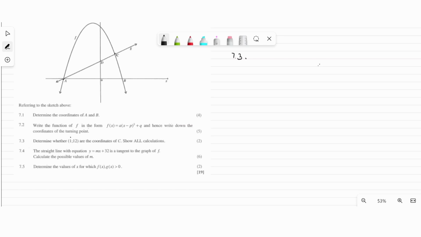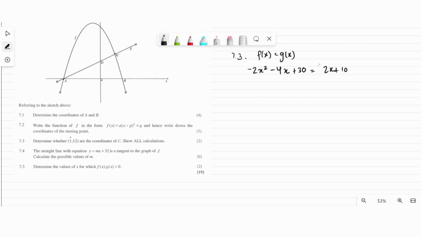So let's do that. You're going to say f of x is equal to g of x because that's an intersection. Then we substitute f of x, which is negative 2x squared minus 4x plus 30, equal to 2x plus 10.